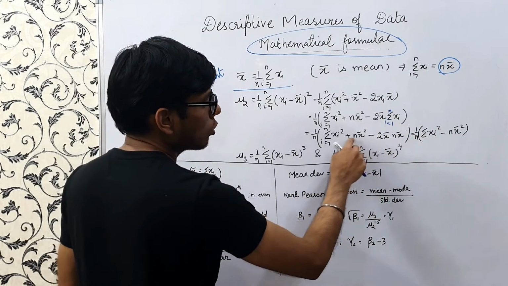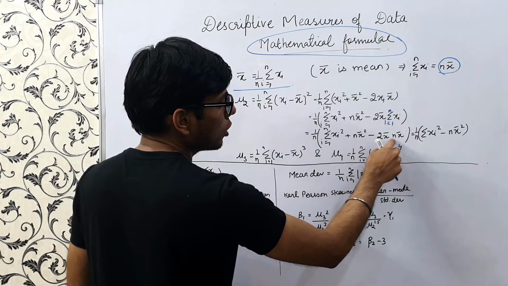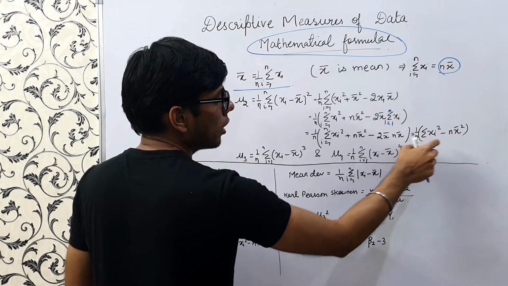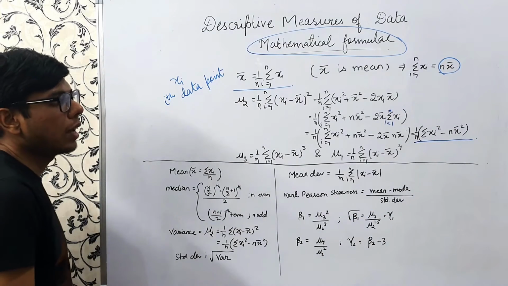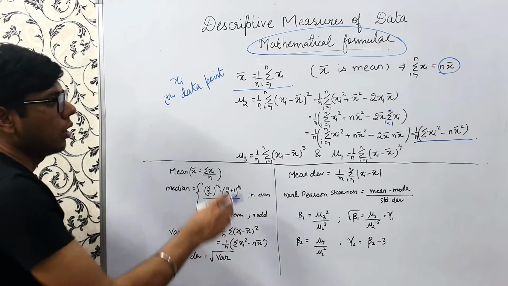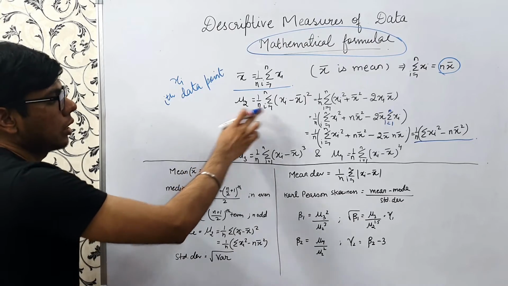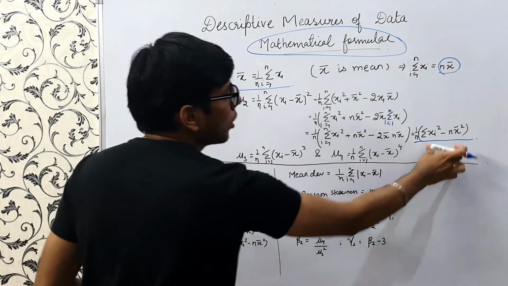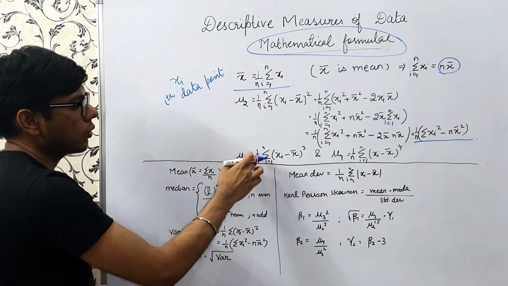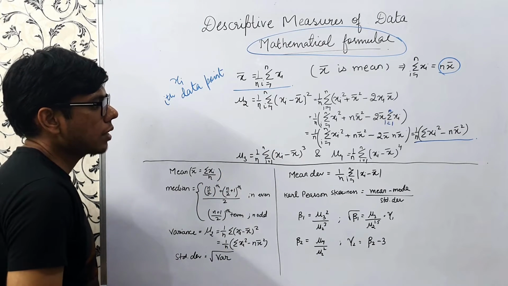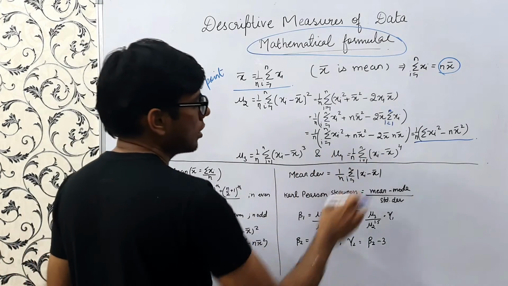So this turns out to be n x bar square, and this turns out to be 2 n x bar square. So this is 1 by n summation xi square minus n x bar whole square. So this is just breaking this into a simpler term, simpler for calculations. So define mu3 similarly as 1 upon n summation xi minus x bar whole cube, and mu4 as this.